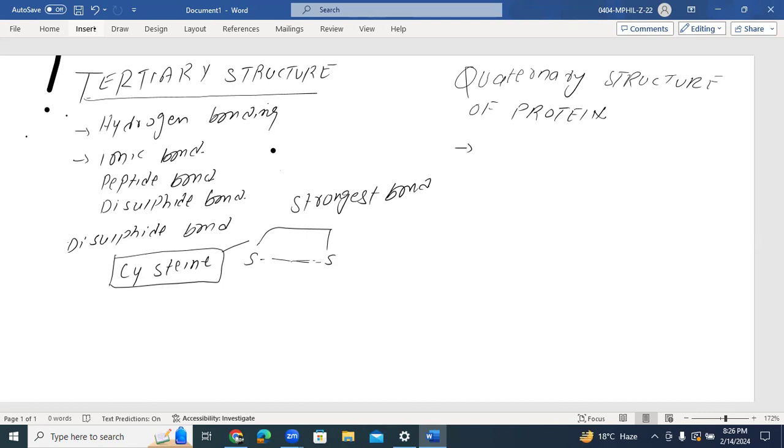It is formed by the combination of more than one tertiary structures.